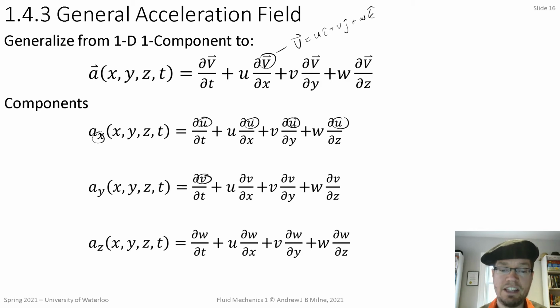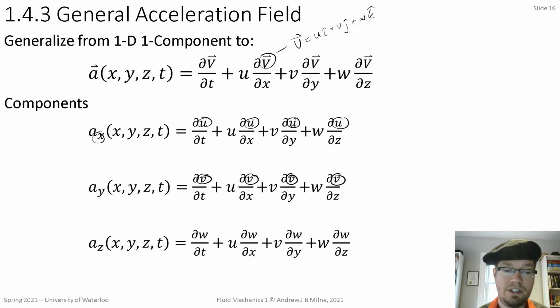We have v being the thing that is having its differentials taken for the y acceleration. And we have w being the thing that has its differentials taken for the z acceleration. Everything else is the same.